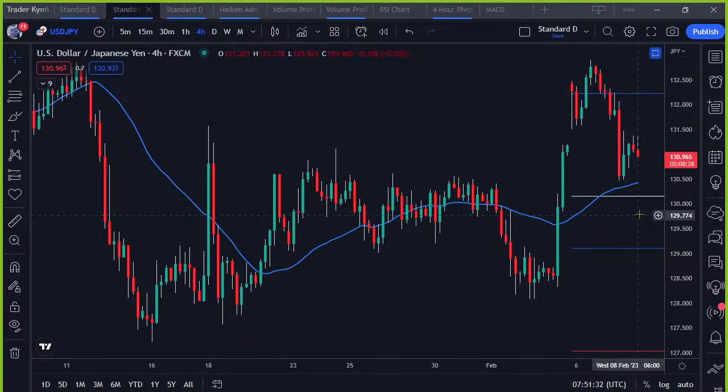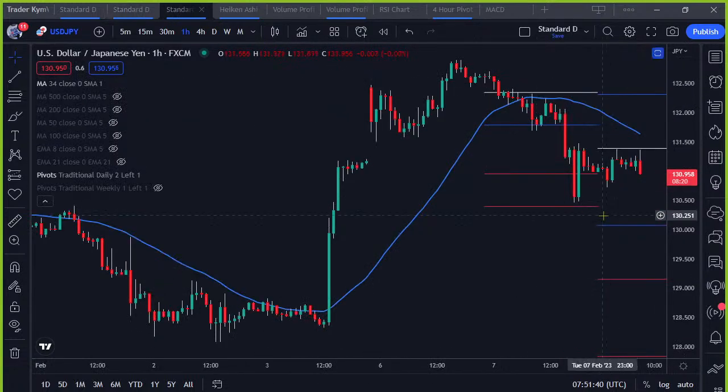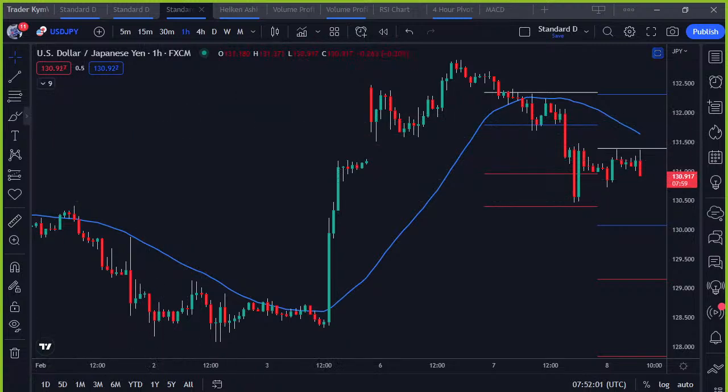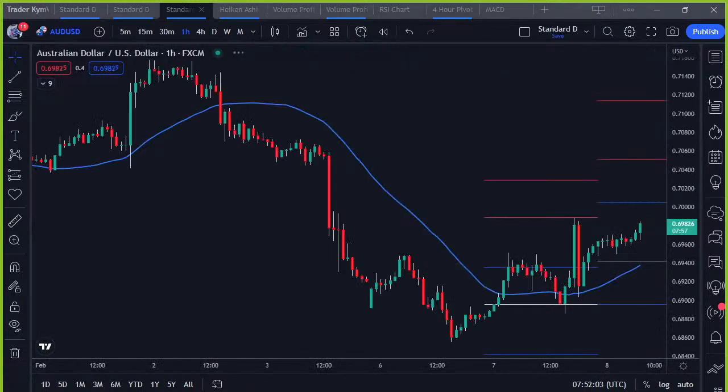Let's check what level it is running down to: 130.14, 130.16-ish area. That's not very far at all. It looks more than it is, perhaps. That's the nearest I've seen to anything yet. It's a bear flag picture with a bearish engulfing candle. It does look weak.